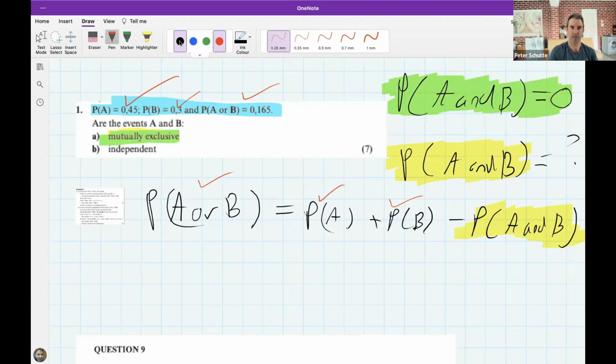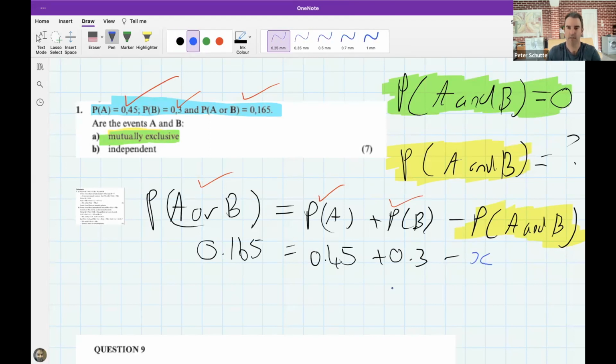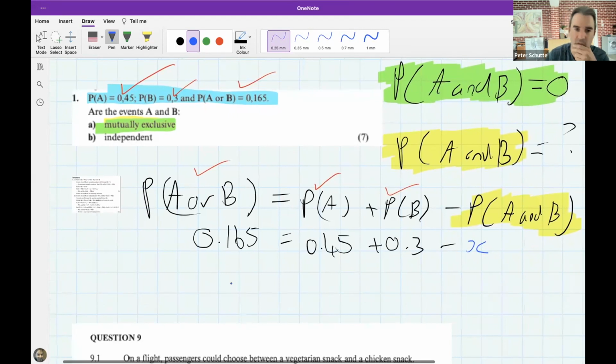So what do we have? We have 0.16 equals 4.5. I'm just going to call this X for the sake of making it easy. And then I'm going to move it across.